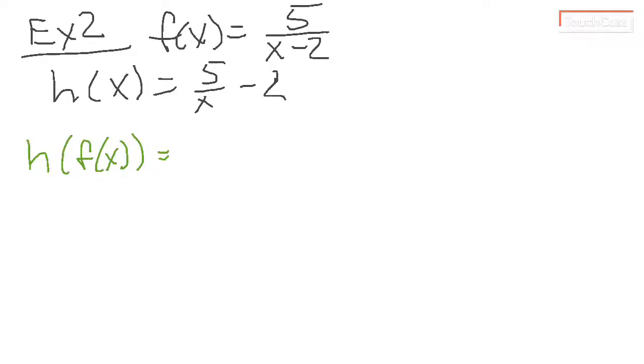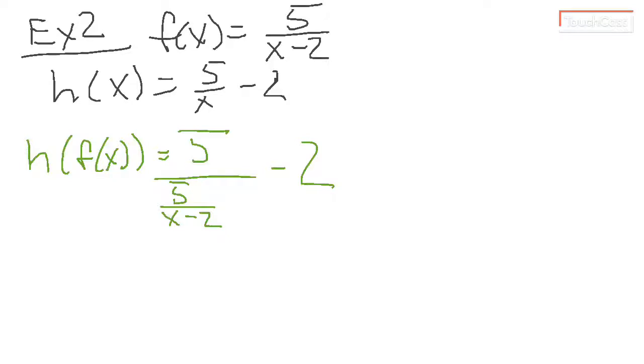So what we're going to do is wherever we have x in h of x, we're going to replace it with f of x. So we're going to have 5 over x minus 2, minus 2.